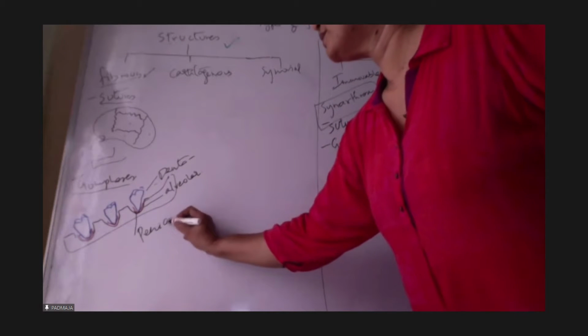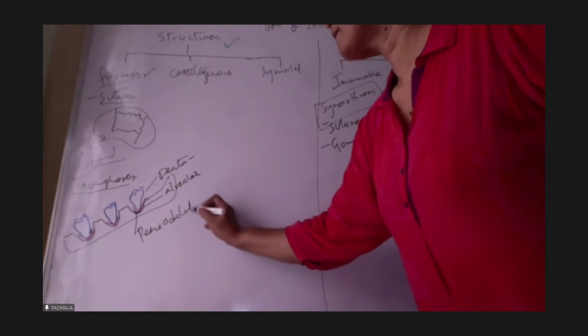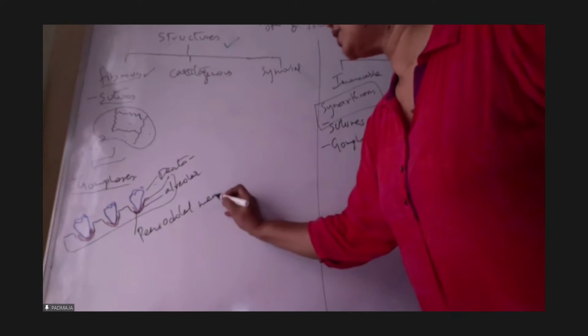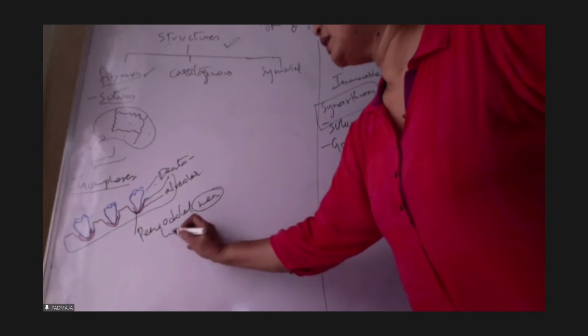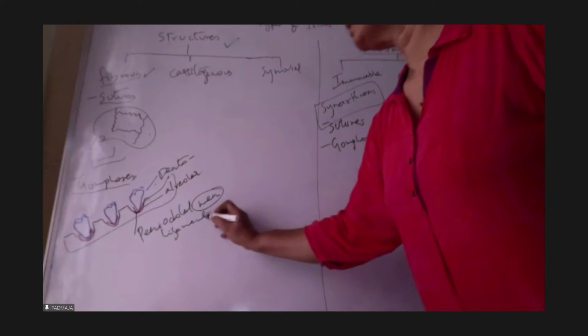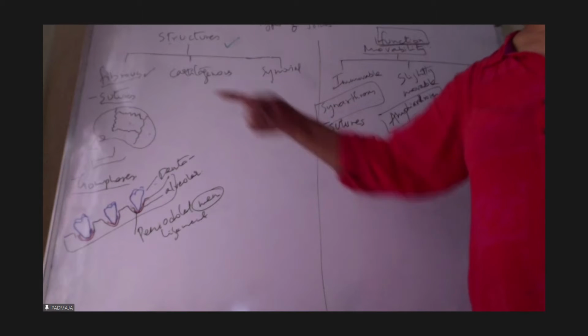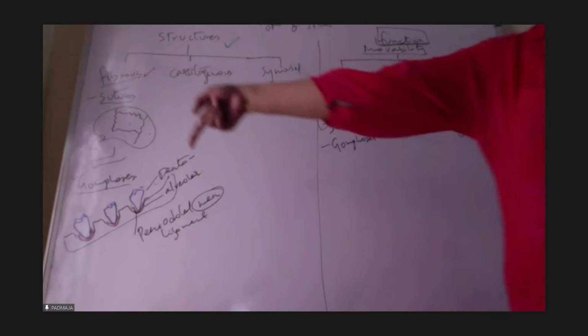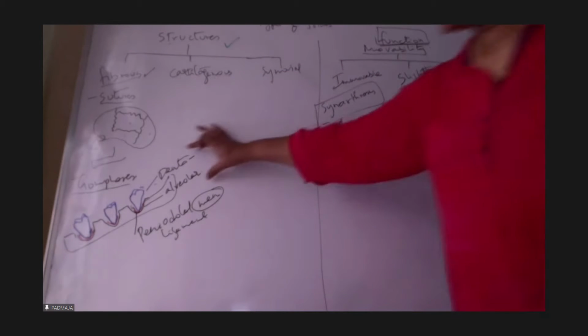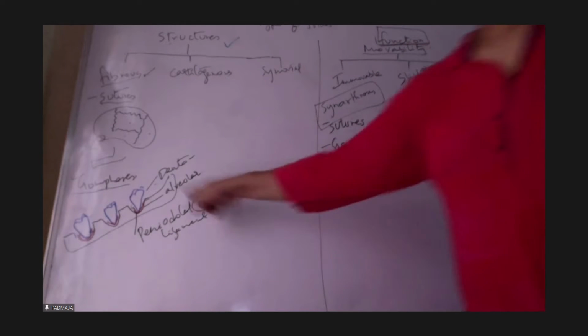Periodontal membrane you can call, or ligament also. It is a fibrous joint because that periodontal ligament is made up of dense, irregular, fibrous connective tissue sheath, collagen fiber. So it is a dentoalveolar joint, example for gomphosis.